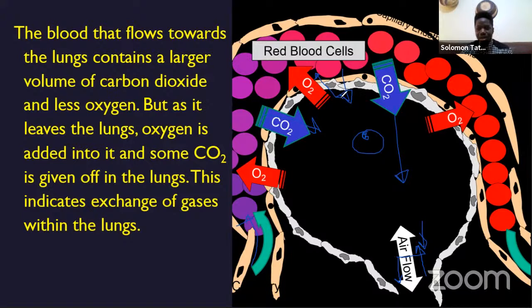So that is important for us to understand. This is a great system, but it's not efficient enough to be at 100%. I don't know the exact efficiency, but you can always research and find out what is the efficiency of an alveolus.